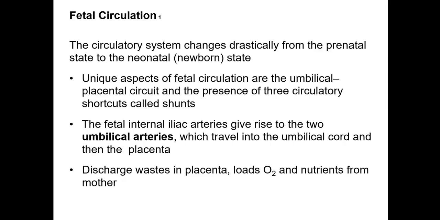Through the umbilical arteries and the umbilical vein, the fetus exchanges gases and nutrients from its body to the mother's body and vice versa. And so it's going to have some different aspects to its fetal circulation compared to an adult's circulatory system.